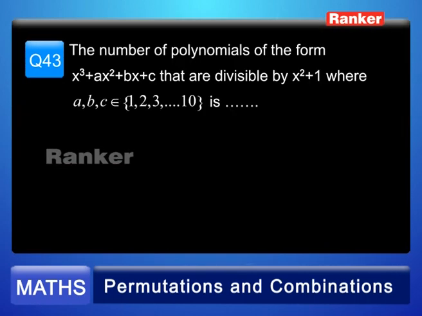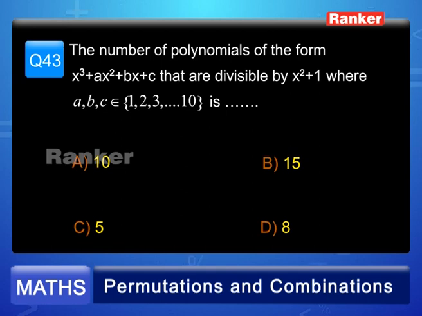The next question before us is question number 43. It is an interesting question. The number of polynomials of the form x cube plus ax square plus bx plus c that are divisible by x square plus 1, where a, b, c are natural numbers from 1 to 10.